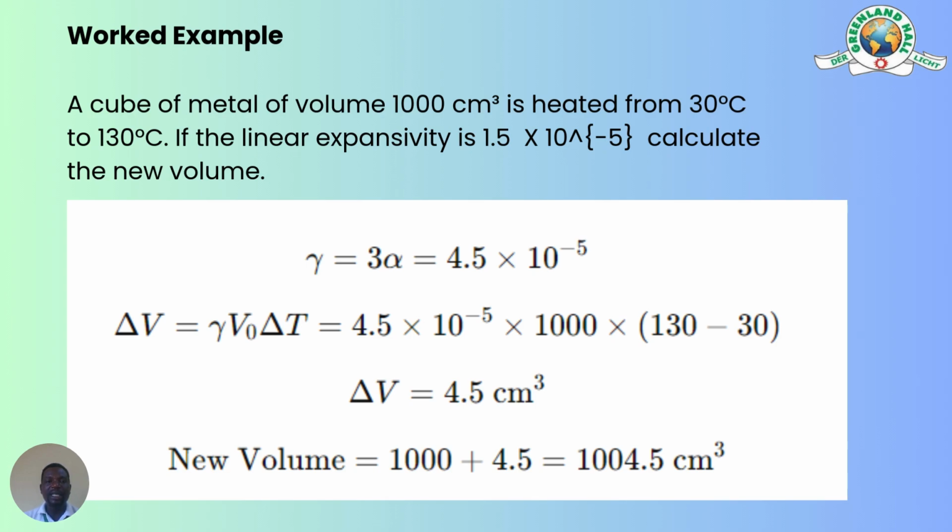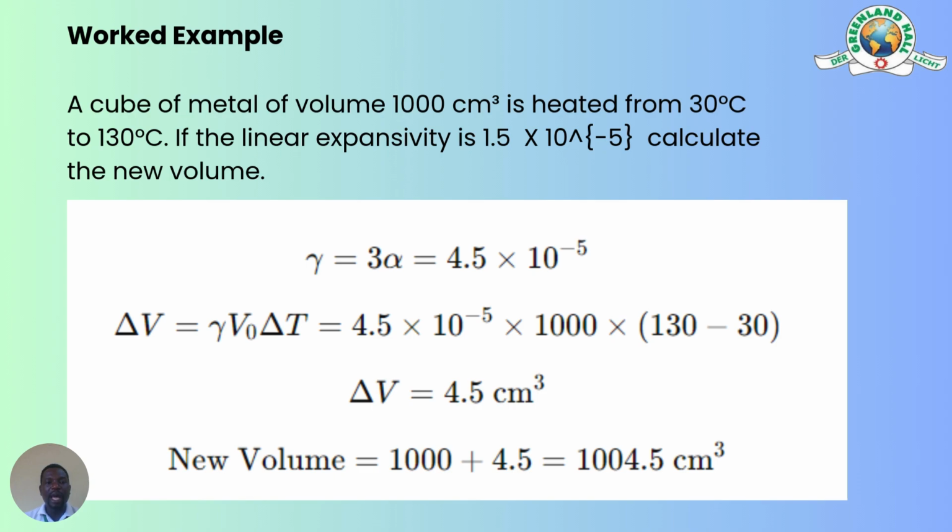That is the coefficient of the material we now use to get the cubic expansivity, because we dealt with linear expansivity. For volume expansivity, it will be 3 times the linear expansivity. That's why we have 4.5. Definitely, the linear expansivity of that material is 1.5 times 10 to the power minus 5. Multiplied by 3, it will give us 4.5 times 10 to the power minus 5.